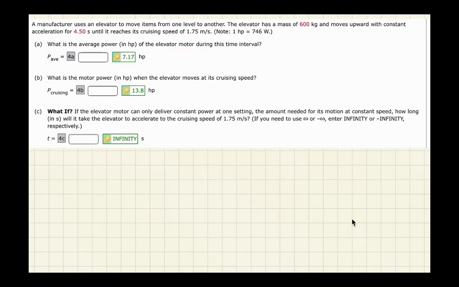So this next problem, we have an elevator moving upward, but it's moving upward with a constant acceleration for 4.5 seconds until it reaches a cruising speed of 1.75 meters per second.